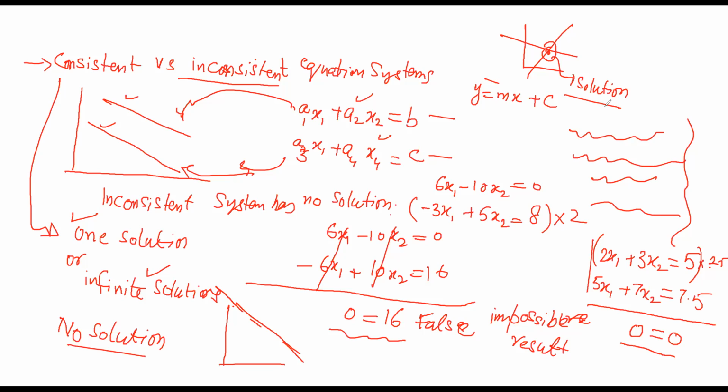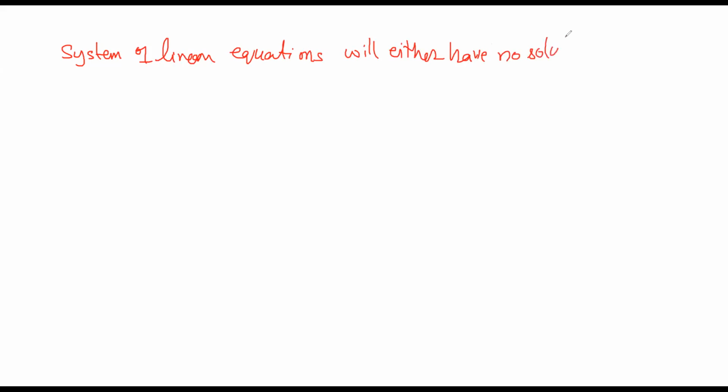So it is a theorem in the theory of linear equations that a system of linear equations will have either no solution, or one solution, or an infinite number of solutions.